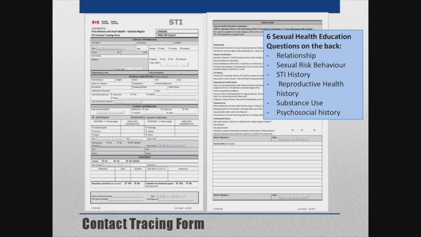The rest of the information is related to a physical description of the patient, clinical information, and which treatment was provided. Now, one of these would be completed for each patient, starting from the index patient.